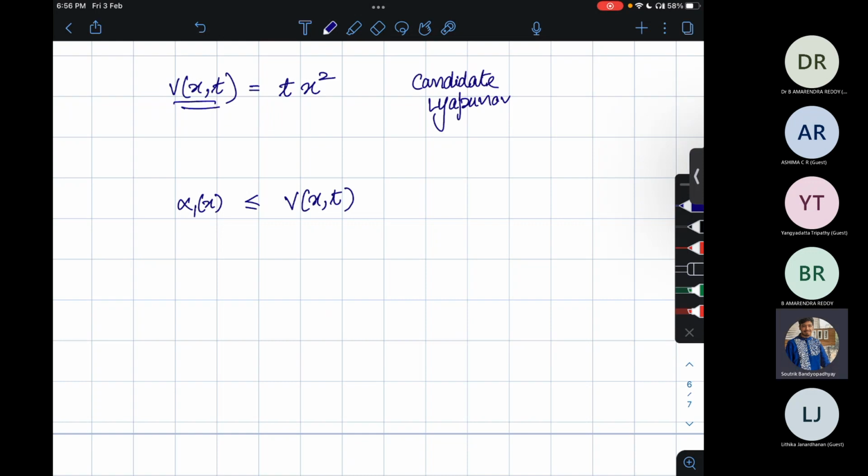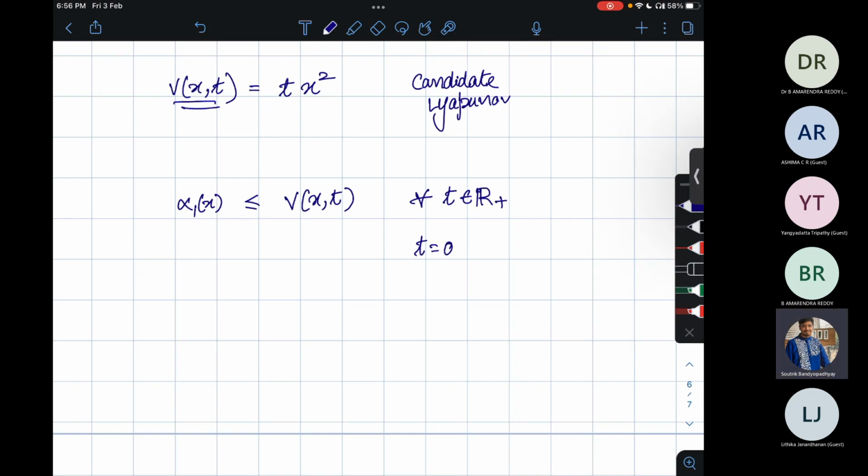Give me any function. You can add some constant between 0 to 1. Now this must hold for all t. Suppose t is equal to 0.